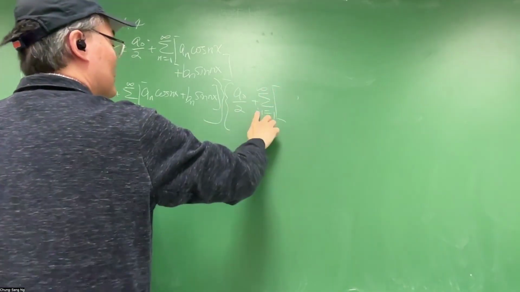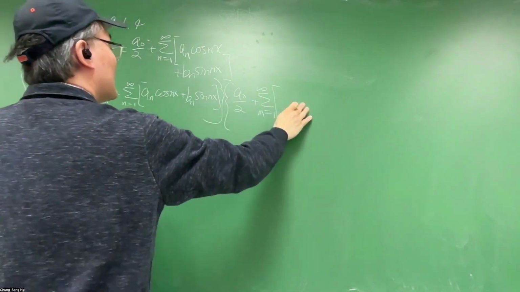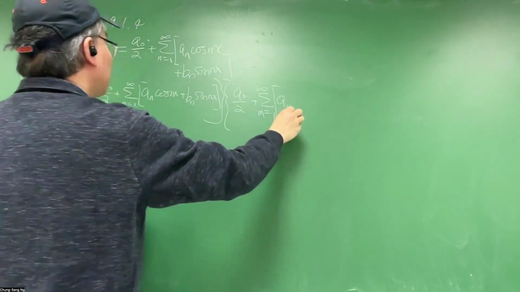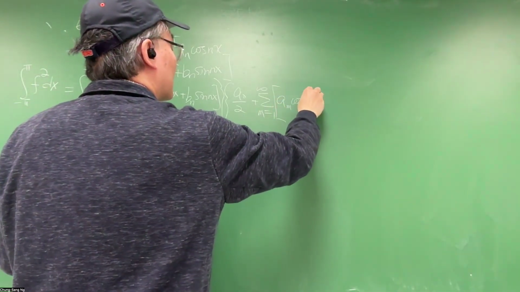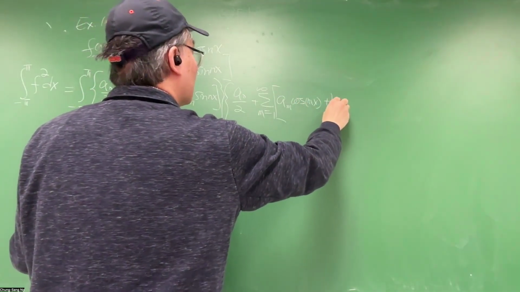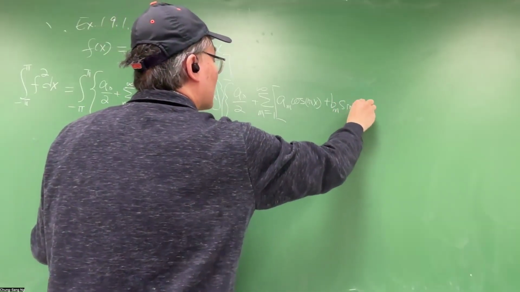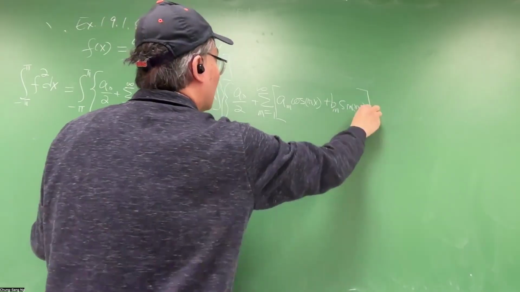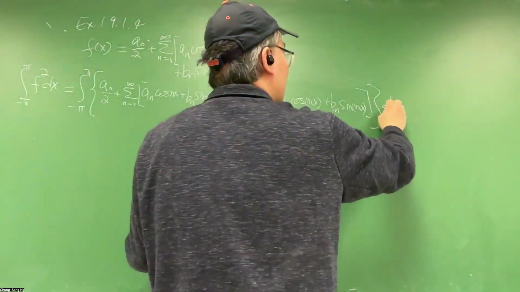But this time, obviously, you don't use the same n, you use m. So it is back to a sub m, b sub m.